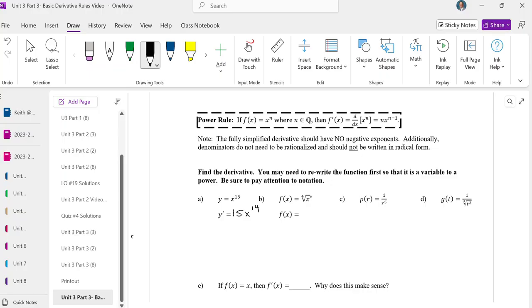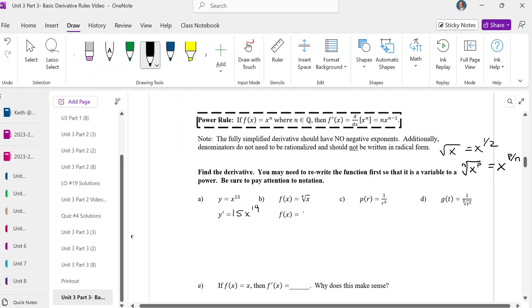So whenever you have a radical, remember, whenever you have the square root of x, it's x to the 1/2 power, right? So whatever radical you have, x to the power is equal to its power over root.